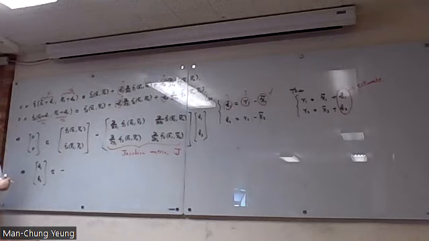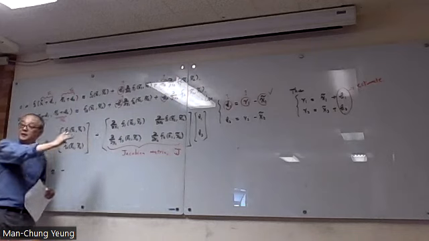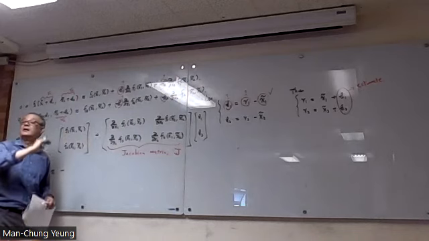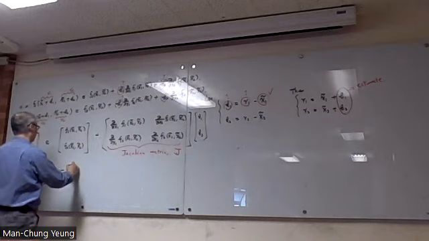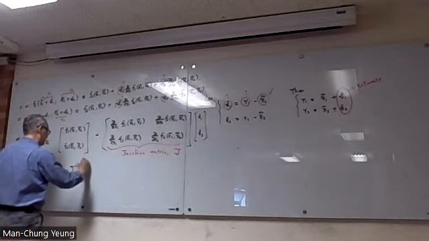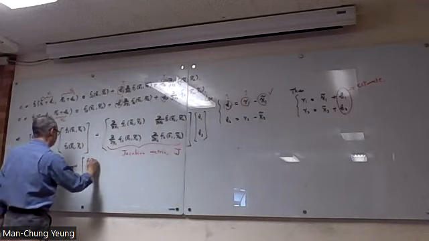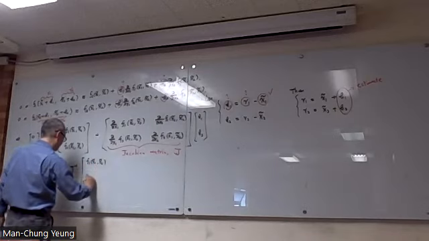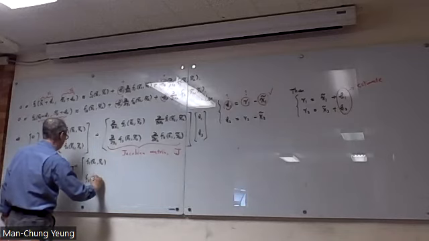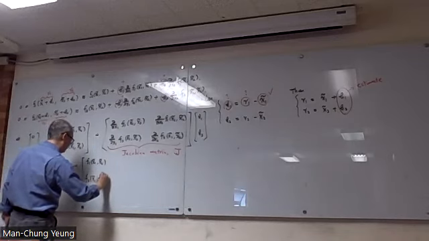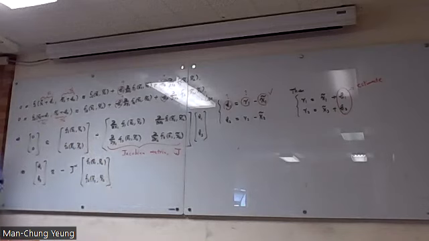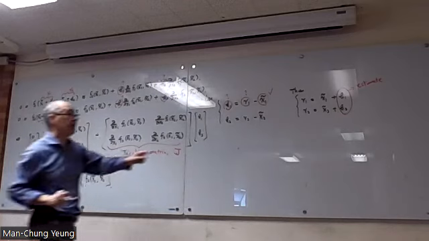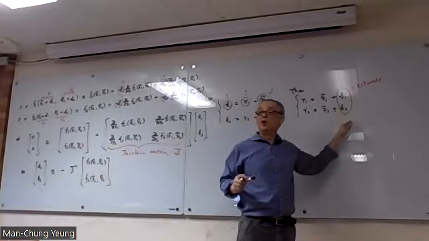Now move this vector to the left side. Then apply inverse J, and we get inverse J times F. The H here, we don't know.